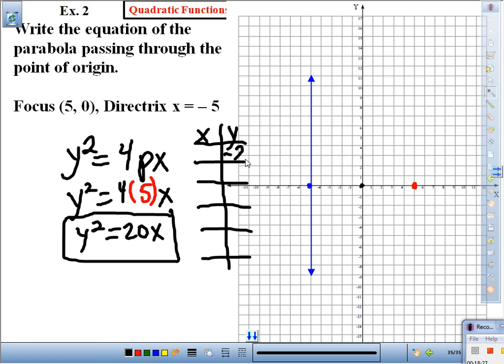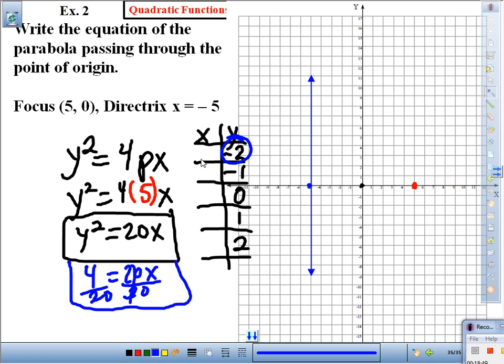So I need -2, -1, 0, 1, 2 of y. So my first y value is -2. What is -2 squared? 4 equals 20x, divided by 20. We end up with 1/5. That is correct.